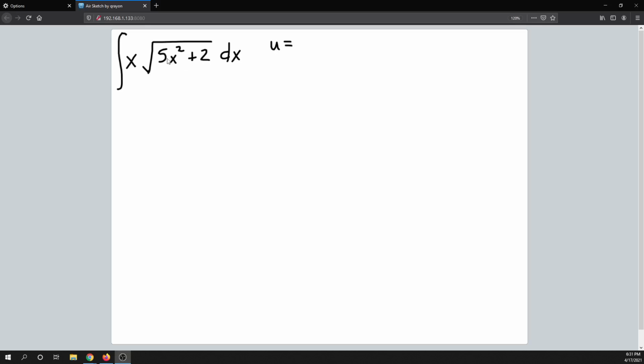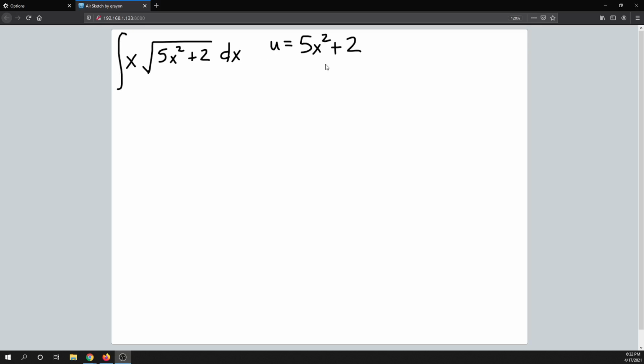So the derivative of 5x squared plus 2 would be 10x, and you can see I have an x here. I don't quite have the 10, but that's okay. When I say almost the derivative, what I really mean is that the derivative is a constant multiple of that factor. And so that's what we have here. Okay, so the good choices for u are leading us to pick 5x squared plus 2 as u.